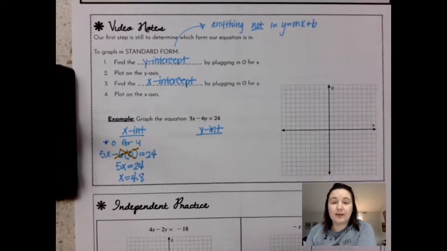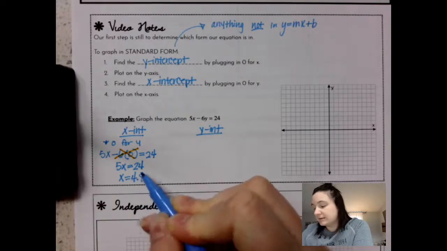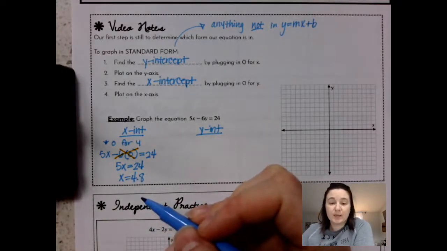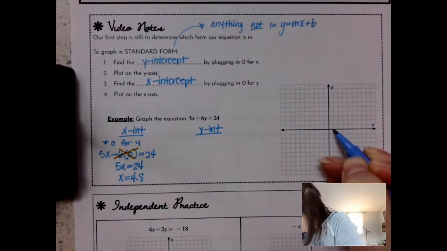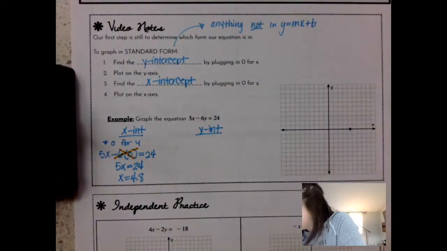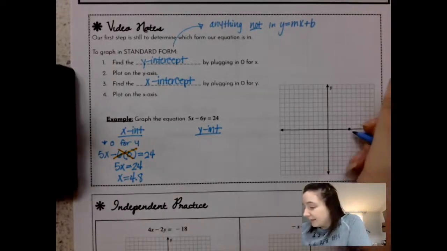So we're going to go ahead and plot that on the x-axis. And since this is a decimal, I'm just going to do my best to estimate where 4.8 would be. It's very close to 5. So I'm going to count 1, 2, 3, 4, and then almost to 5, I'm going to put a dot. If you want to label, that's our x-intercept.